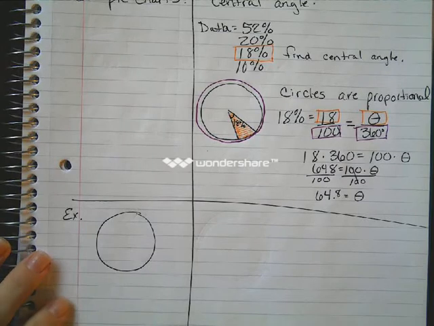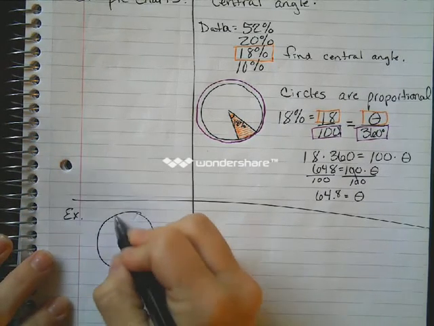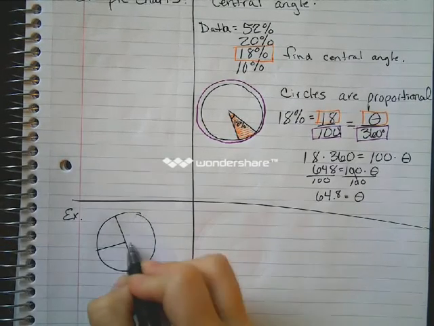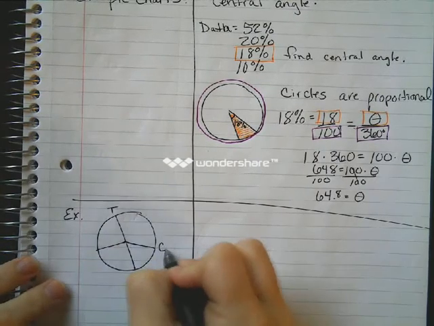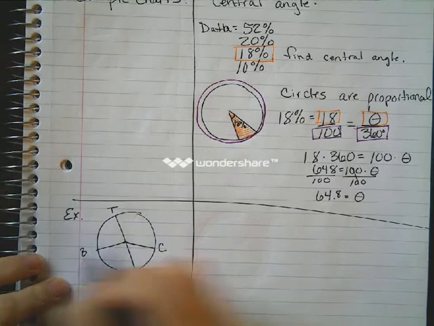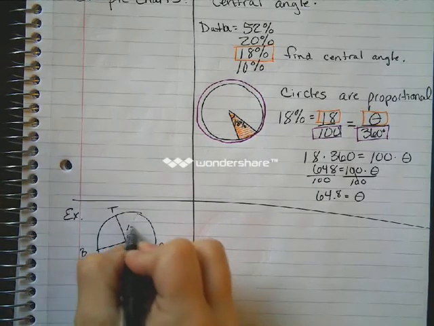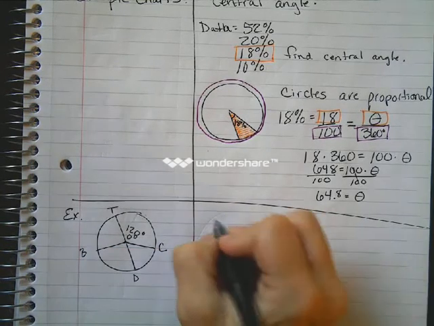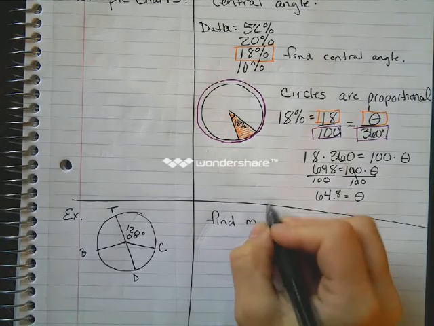Let's say this angle is 128 degrees, and we want to find the measurement of arc BC. Okay, this example is going to be review because we're talking about arc measurement again, which we've already talked about in the last unit. Okay, so we're looking for BC. So BC is this arc all the way to there.